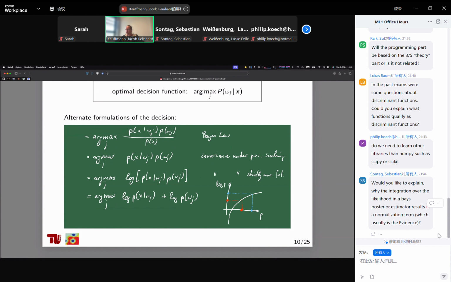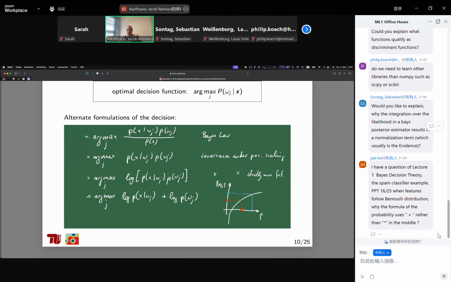All of these functions on the right-hand side are discriminant functions. I hope it answers the question. Any function can be a discriminant function, but the way we use it is as I outlined.